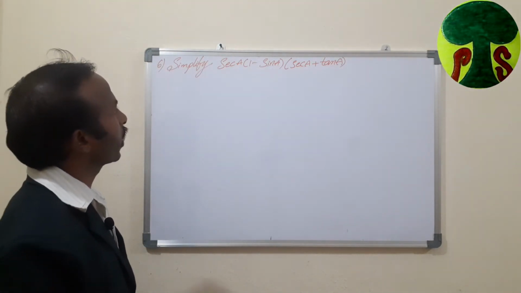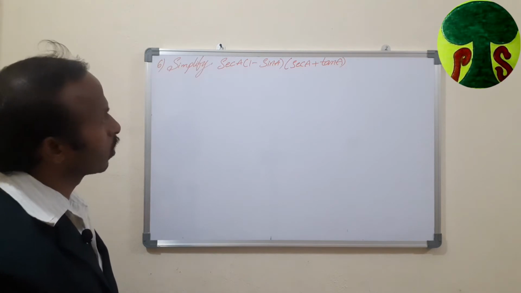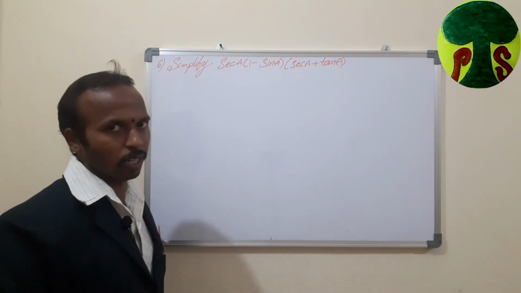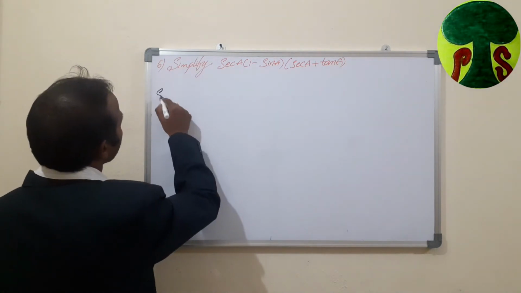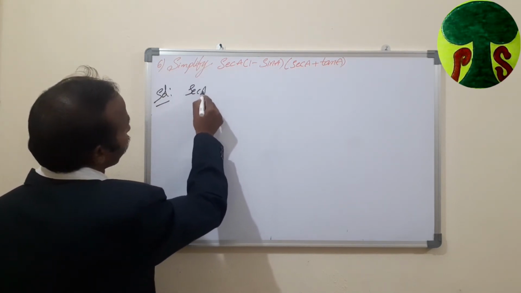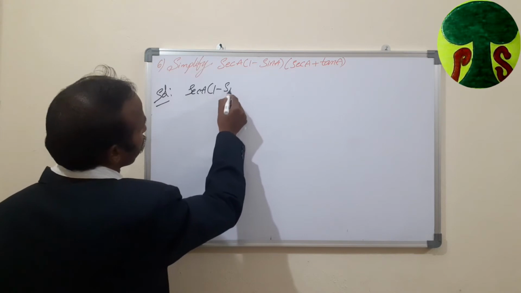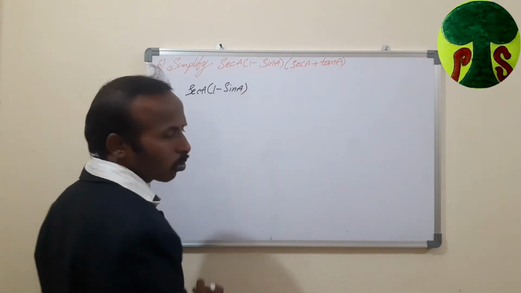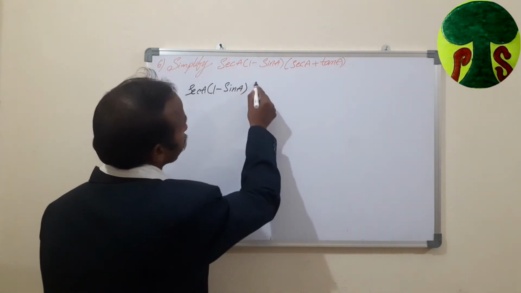Simplify secant A into (1 minus sin A) into (secant A plus tan A). Let's see the solution. The given data is secant A into (1 minus sin A) into (secant A plus tan A).